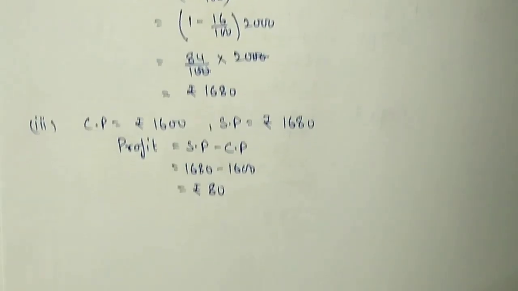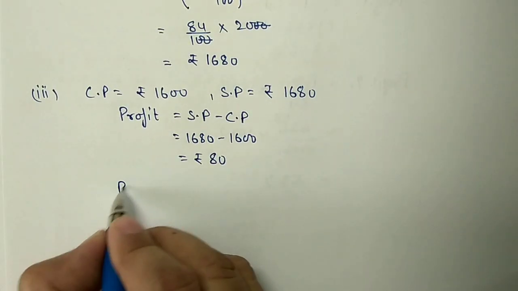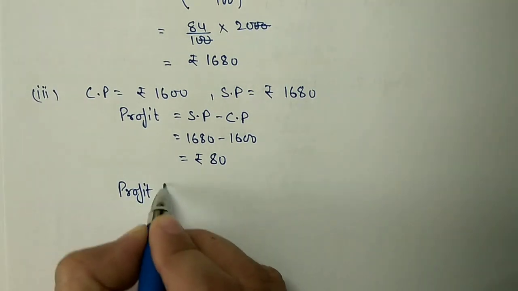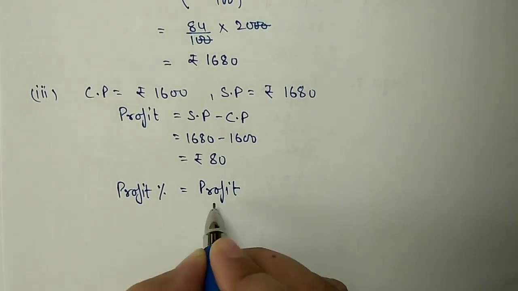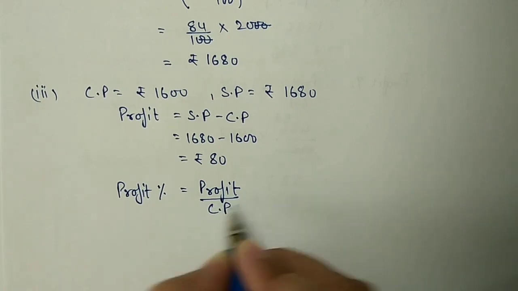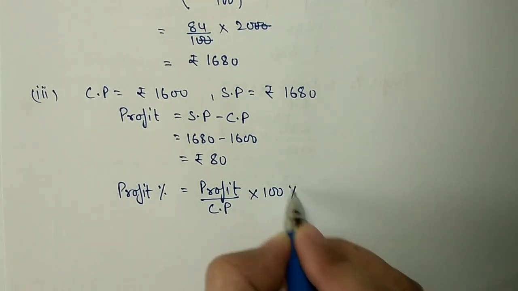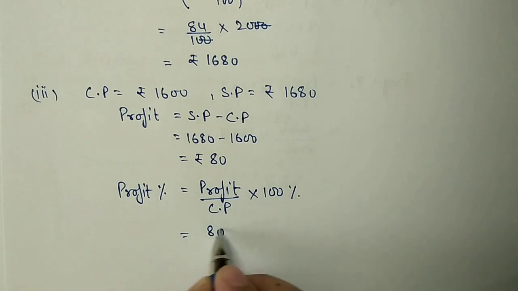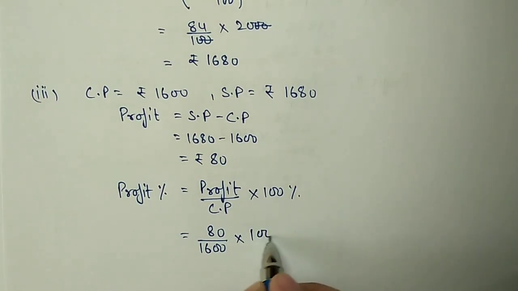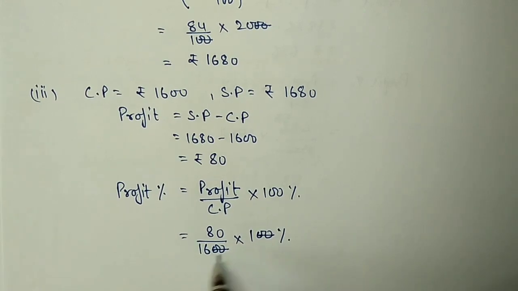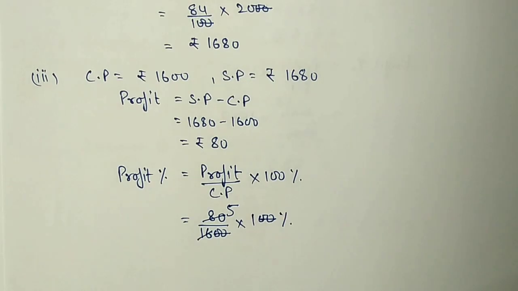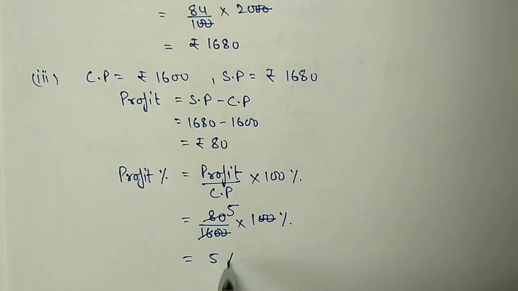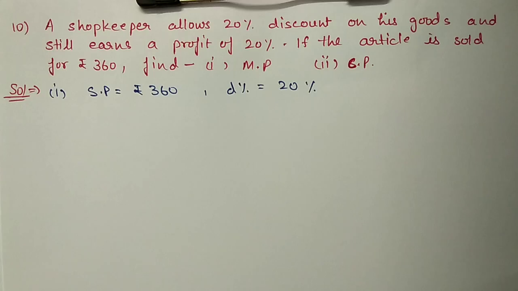Now this we have to change into profit percentage. So profit percentage is equal to profit by CP into 100%. Profit is 80 rupees, cost price was 1600 rupees into 100%. So 2 zeros we can cancel and 16 5s are 80. So profit we have here 5%.